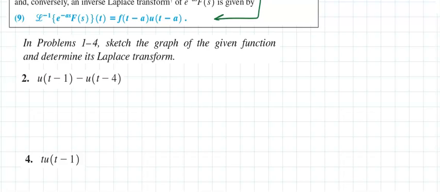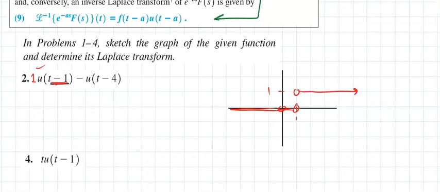It says, sketch the graph. So at 1, there's a 1 in front of this. You turn the system on at 1, so it's 0 before that. Now, we normally stop right there, but you could run it down if you want. Doesn't matter. But when you hit 1, this system turns on and becomes a 1, and it runs infinite.